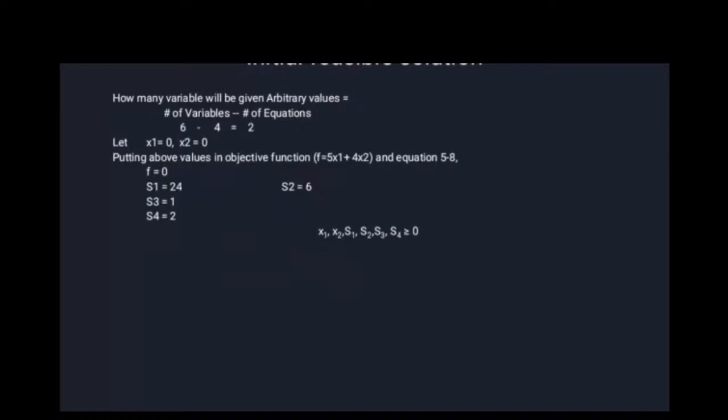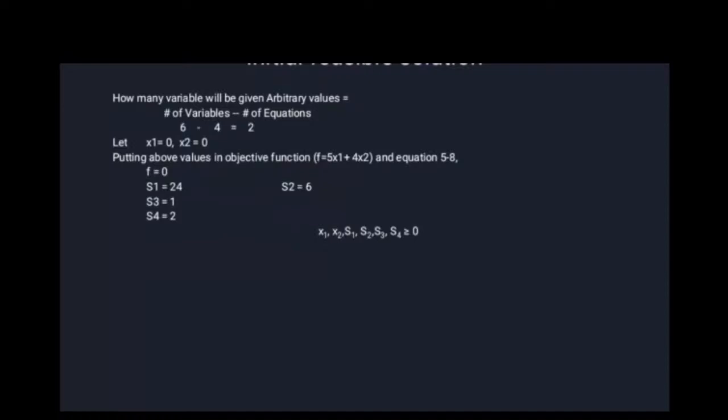We are choosing the total number of variables as 6, which is x1, x2, s1, s2, s3, s4, and the number of equations is 4. So 6 minus 4 is equal to 2. It means that we have to put 2 variables equal to 0, so we put x1 equal to 0 and x2 equal to 0.